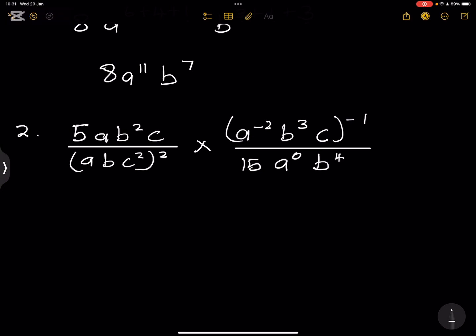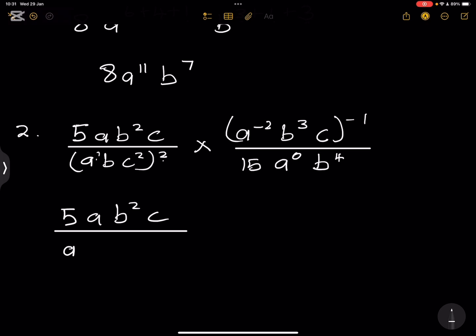Now let's quickly have a look at it, ladies and gents. Firstly, let's deal with all of the bases. We know that we've got 5, we've got a. I'm going to keep these exactly the same. There's no law to apply there. However, the denominator, remember we are raising all of those bases with a power of 2, so that becomes a.